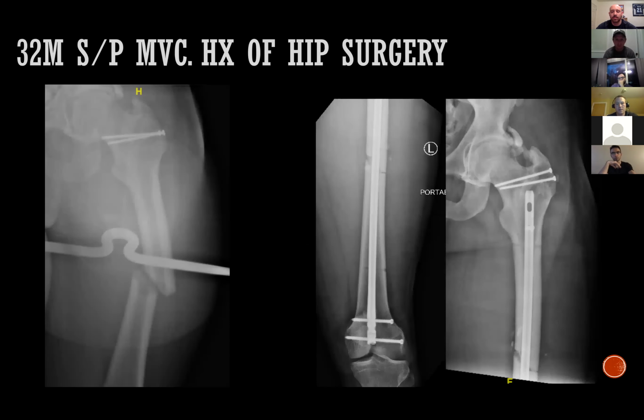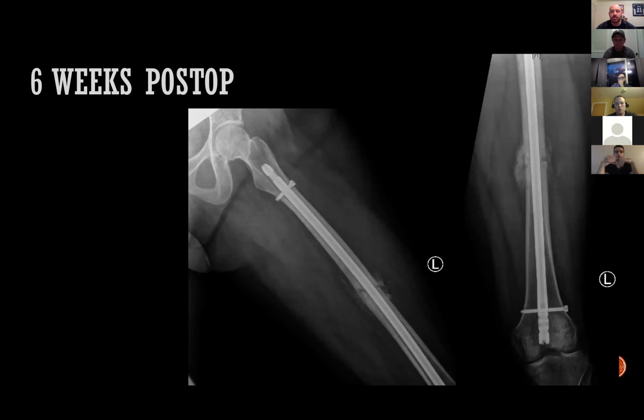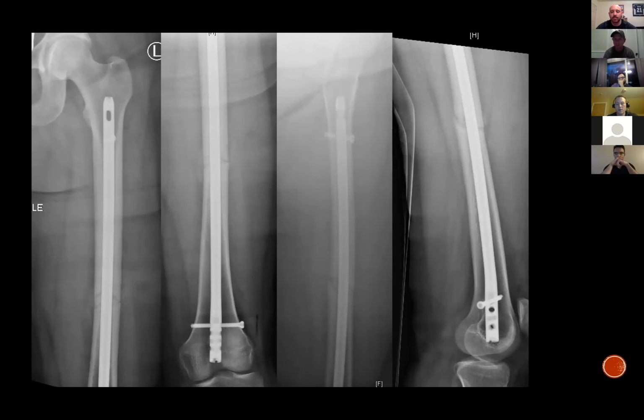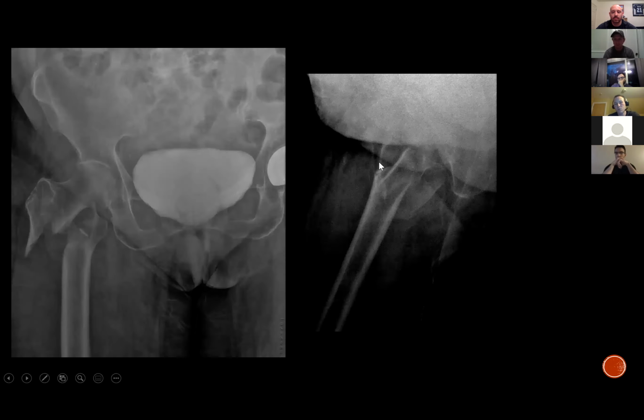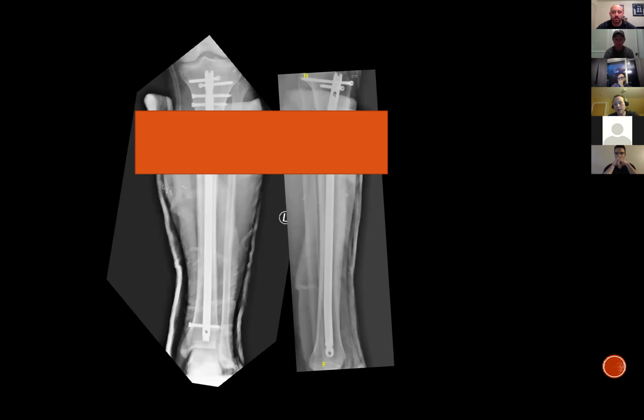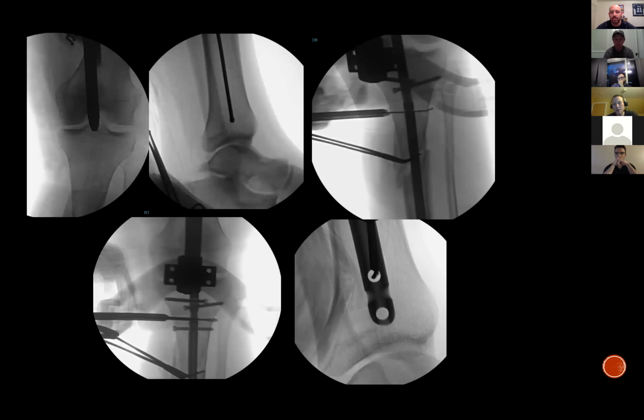With a femoral shaft, that one only had one. Oh, so this is actually great. Here we had a slightly more complex femoral shaft, not much, but you can see some comminution here. Okay, so this fracture, and especially if we look at the tibial fracture, there's a lot of comminution here.